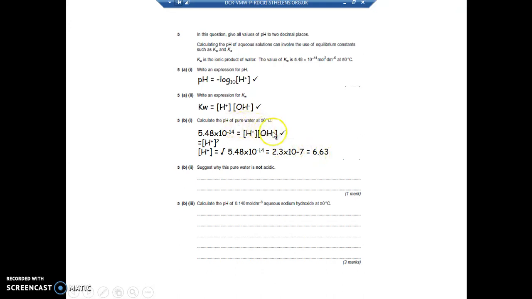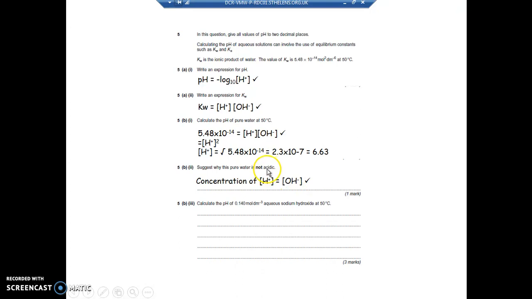And then if you want your pH, then pH is minus log to the base 10 of this, and that works out as 6.63. Don't be worried by the fact that pure water has a pH less than 7. The temperature will change the pH of the water, so don't worry about it. Suggest why pure water is not acidic. Well, pure water is not acidic because H plus concentration equals OH minus concentration.